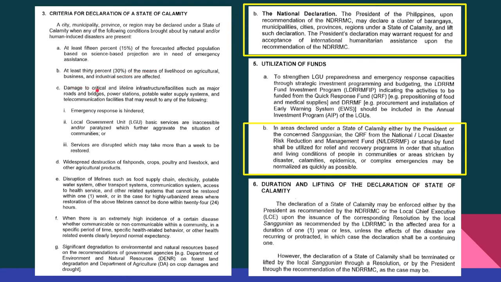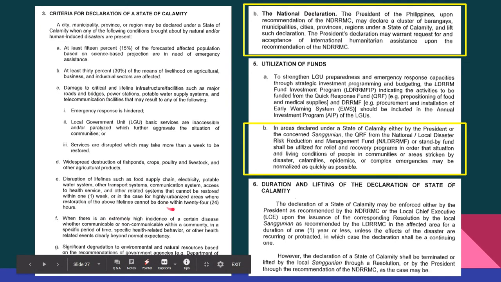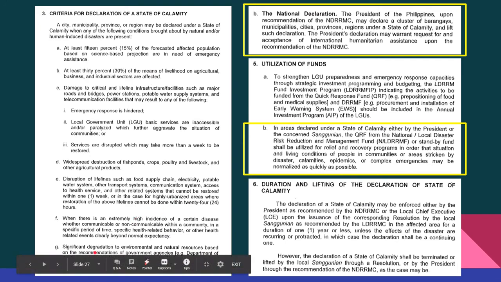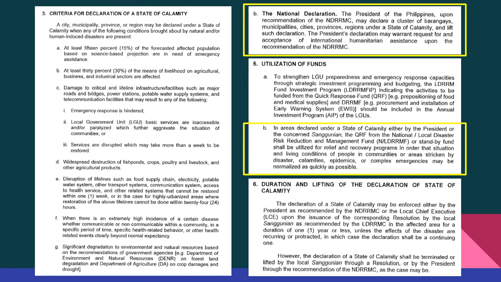Also, damage to critical and lifeline infrastructure, widespread destruction of fish ponds, poultry, and livestock, disruption of lifelines such as food supply chain, electricity, potable water system, an extremely high incidence of diseases, communicable or non-communicable, and lastly, significant degradation of environment and natural resources. So these are the criteria for the declaration of state of calamity.